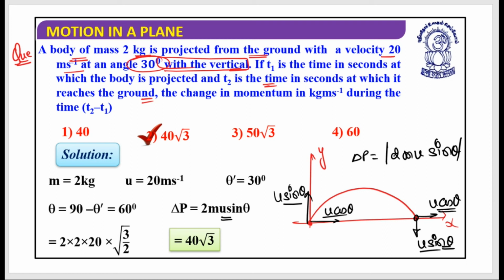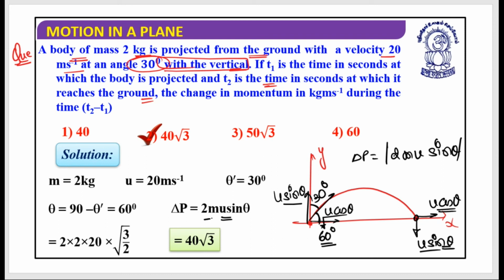So let's put up the value, but while replacing the value, they have given that it has been projected with an angle of 30 degree, but that 30 degree has been given from vertical, and you need to convert that with respect to horizontal. So this would be equal to 60 degree, and let's just replace the value.